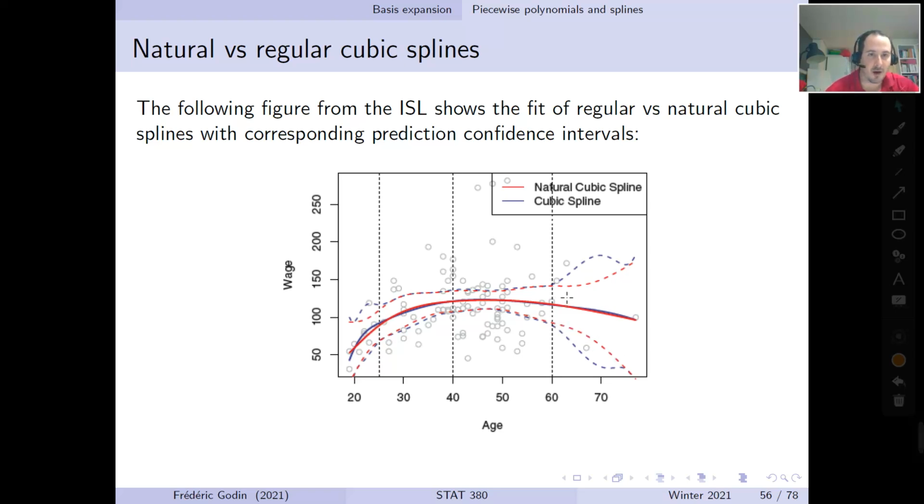Here, this is very apparent, it's obvious. You can see that the red prediction interval is tighter. So imposing linearity on the first and last subintervals generates more stability in predictions and tighter prediction intervals, which can be desirable.